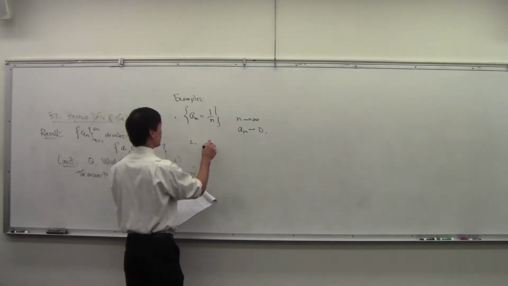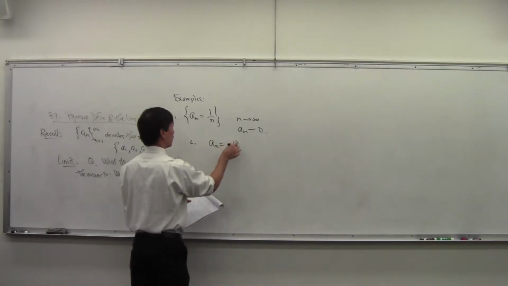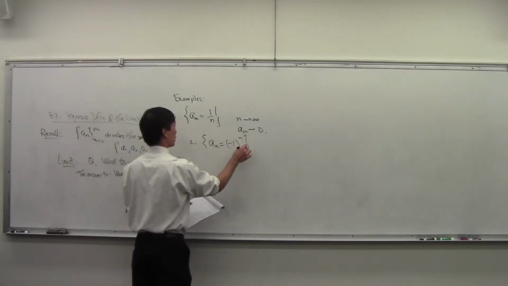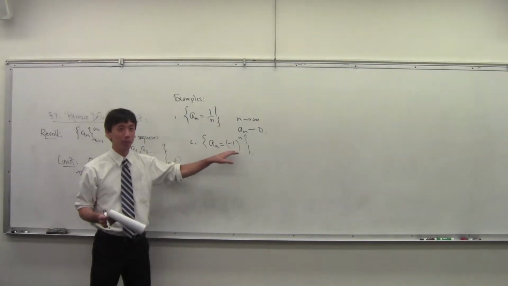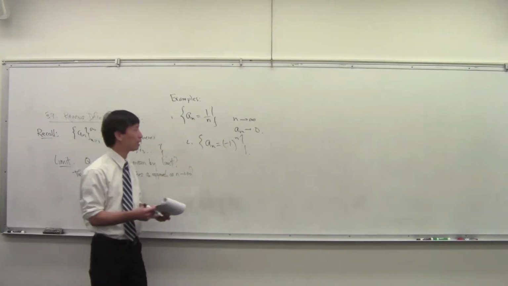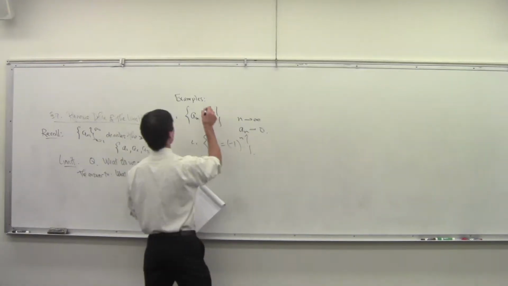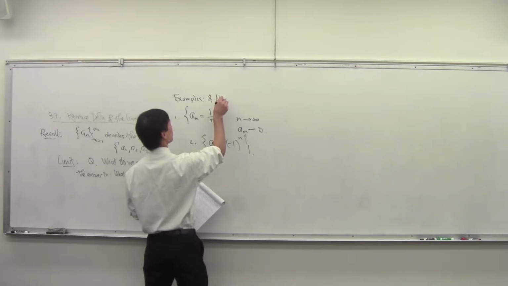If I have this other example, suppose a sub n is (-1) to the n. As n goes to infinity, then what happens? Do we approach anything? The answer is no, right? It bounces back and forth. So examples and non-examples.